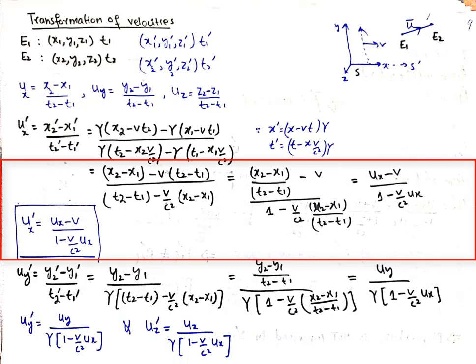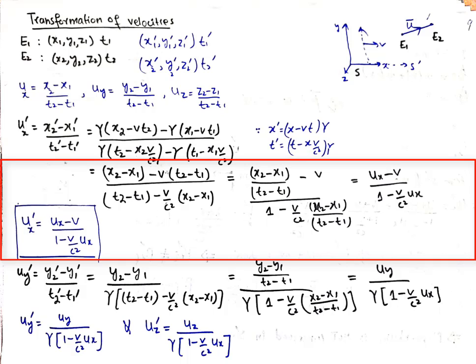Since we can take this gamma common from the upper term and from the lower term, it will get cancelled. So we are left with x2 minus x1, and we are rearranging this expression. So this gives me x2 minus x1 minus v times (t2 minus t1), divided by t2 minus t1 minus v by c squared times (x2 minus x1).